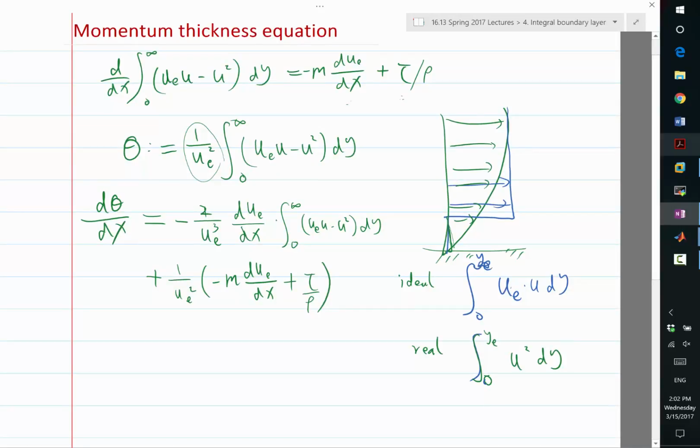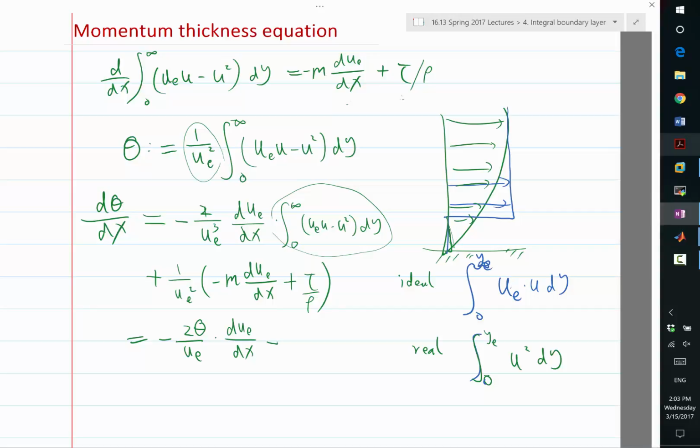Okay, so d theta dx is equal to that. And now if you look at this equation, the first term, the ue cubed times this, is basically minus 2 over ue times the momentum thickness itself, times due dx. So this is one term. Another term: m over ue is what?